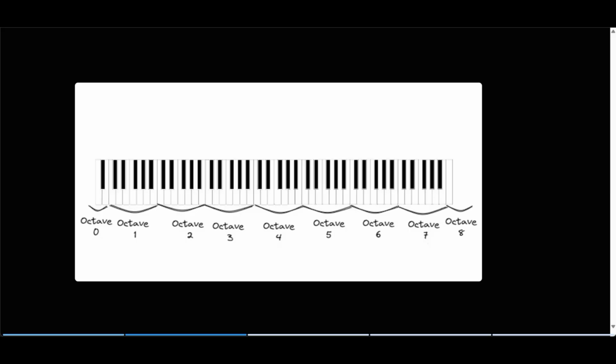So to identify whether it is a C from the first octave, second octave, or anything else, we have given numbers to the octaves. So this is octave 1. So this is C1 from octave 1.